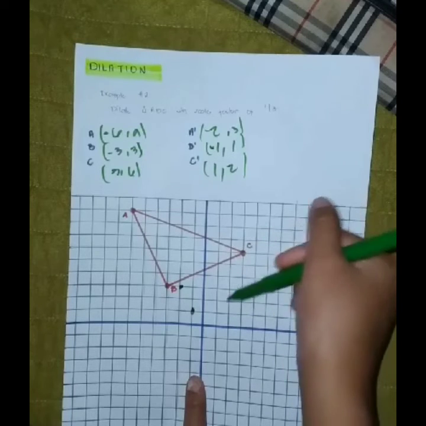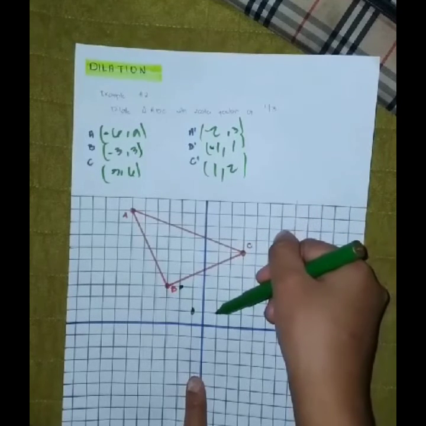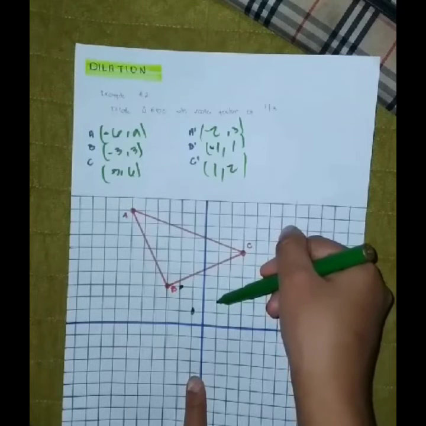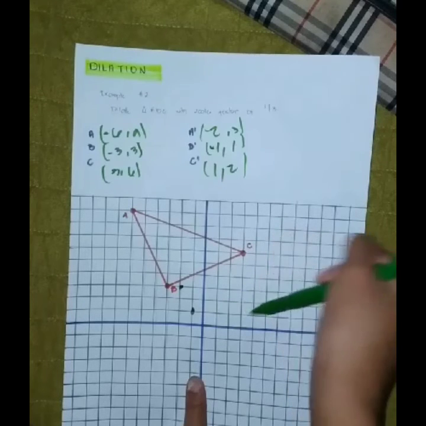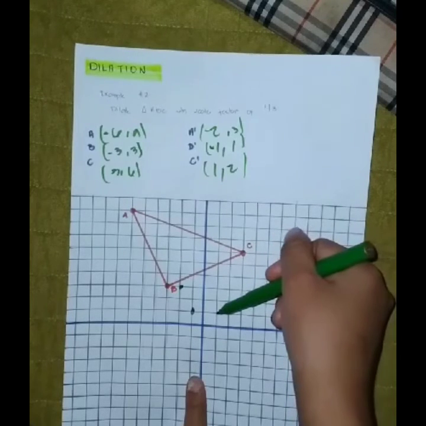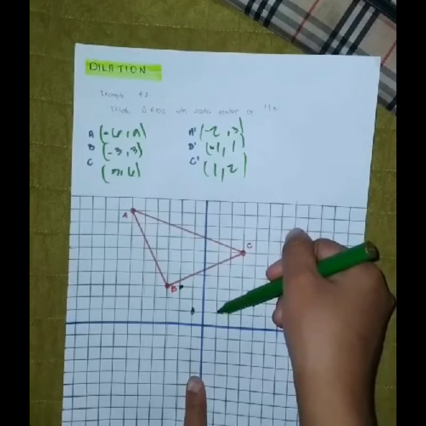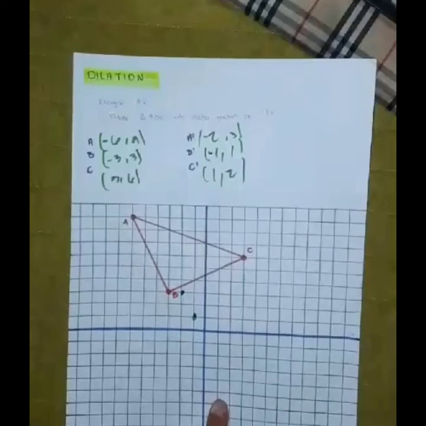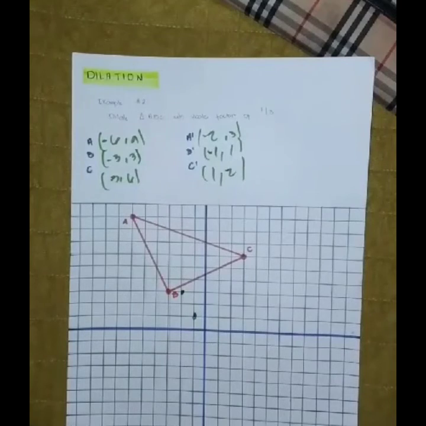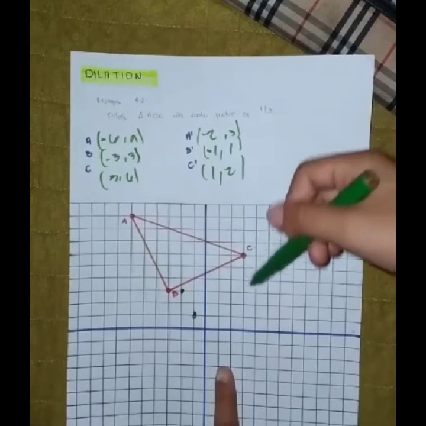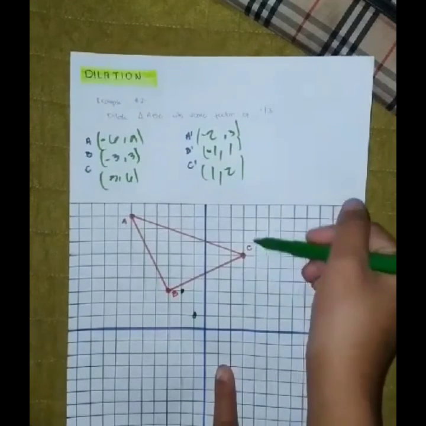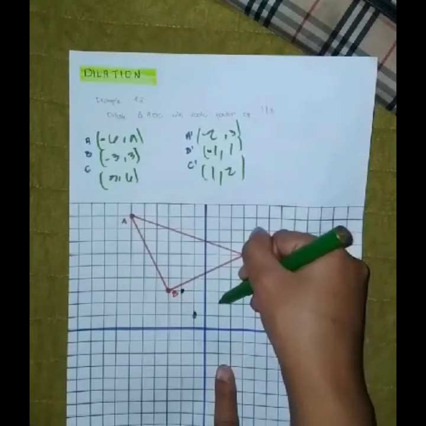So for the 1 and 2 of C prime, let's put our dot here.